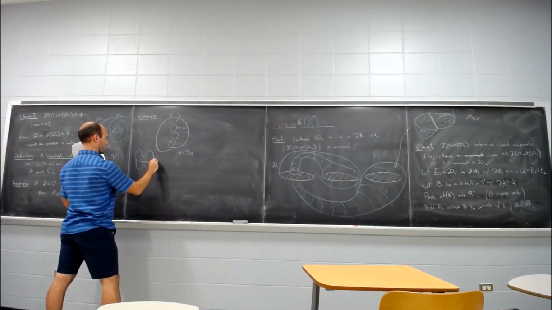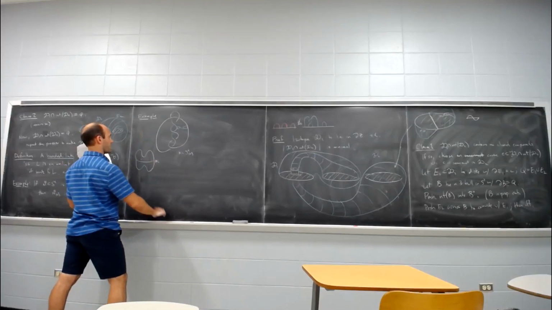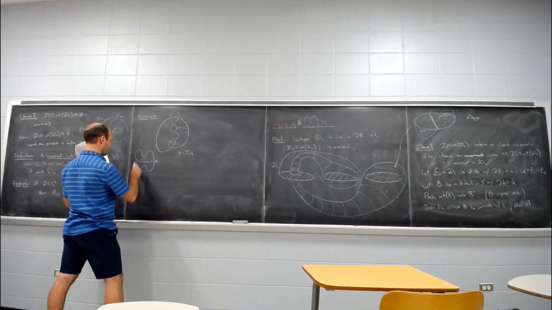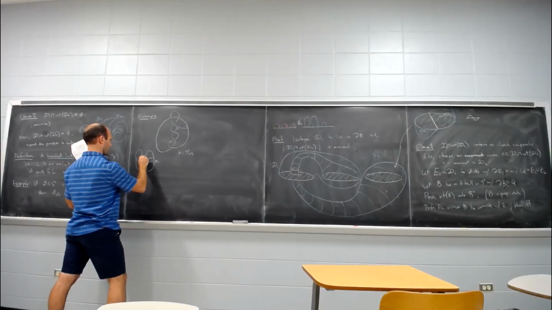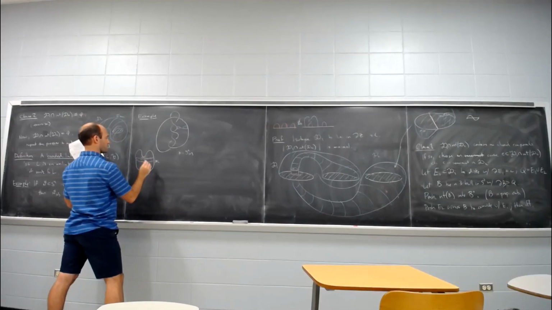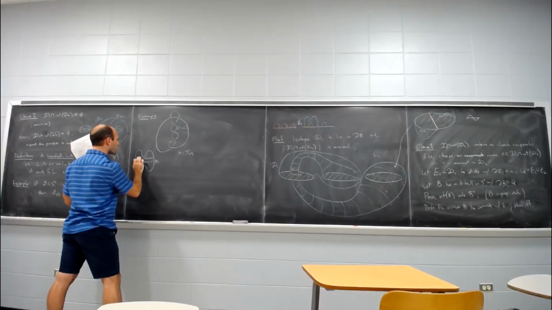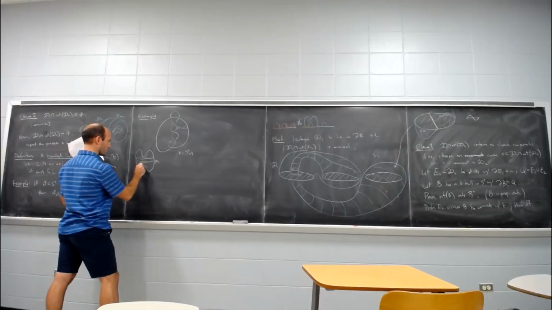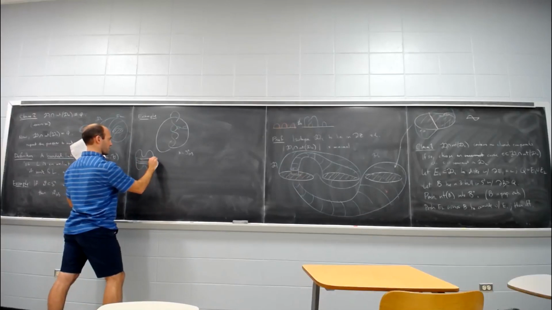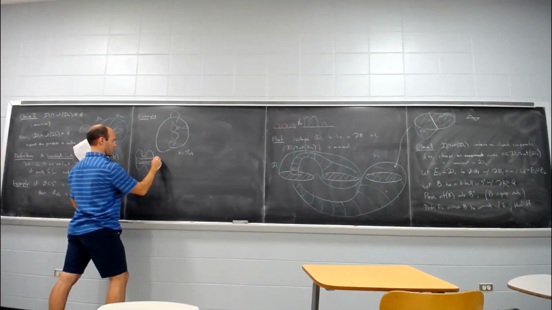In this schematic, our central cross section is K, and then K higher, and this is K lower.